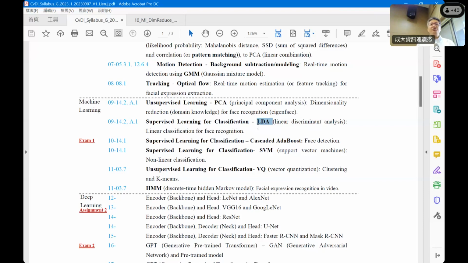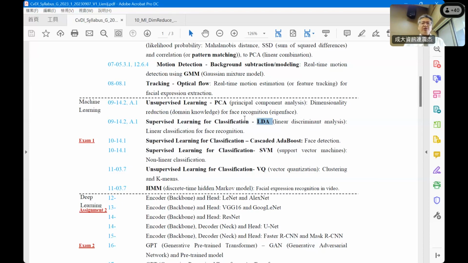So PCA and LDA are both trying to reduce the dimension. PCA reduces more dimensions, LDA probably reduces just a little. Suppose PCA reduces from 100 or 1000 dimensions to 10 dimensions, and then LDA only reduces from 10 to 9, probably only one dimension. But the purpose of LDA is discrimination or classification.